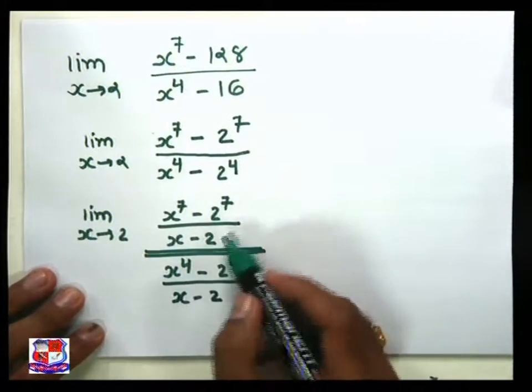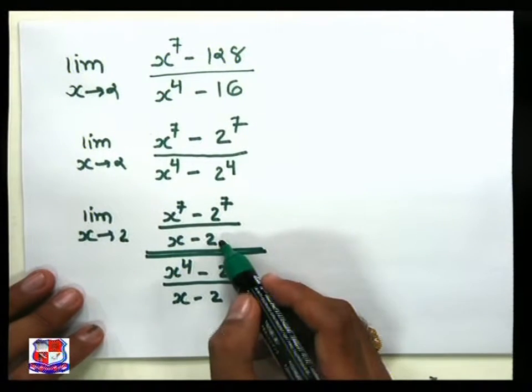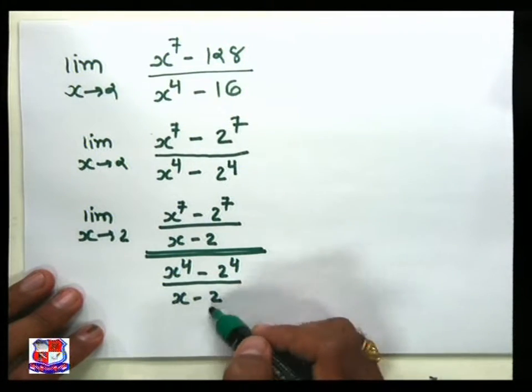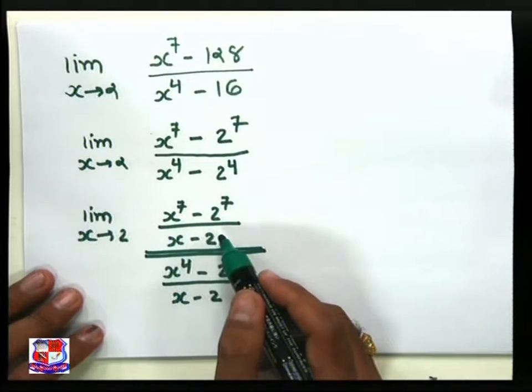So ultimately the extra x minus 2 in the numerator and the extra x minus 2 in the denominator both cancel out. We multiply and divide each term.